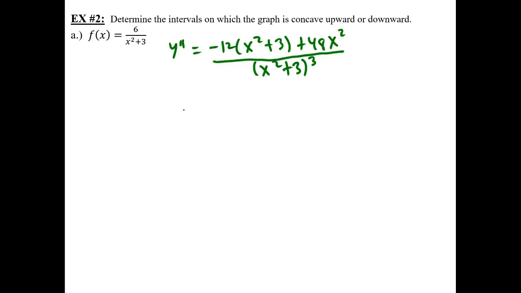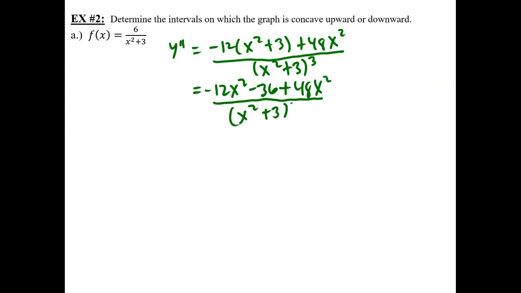We need to simplify the numerator further. Negative 12x squared, negative 12 times positive 3 is negative 36, plus 48x squared all over x squared plus 3 raised to 3.